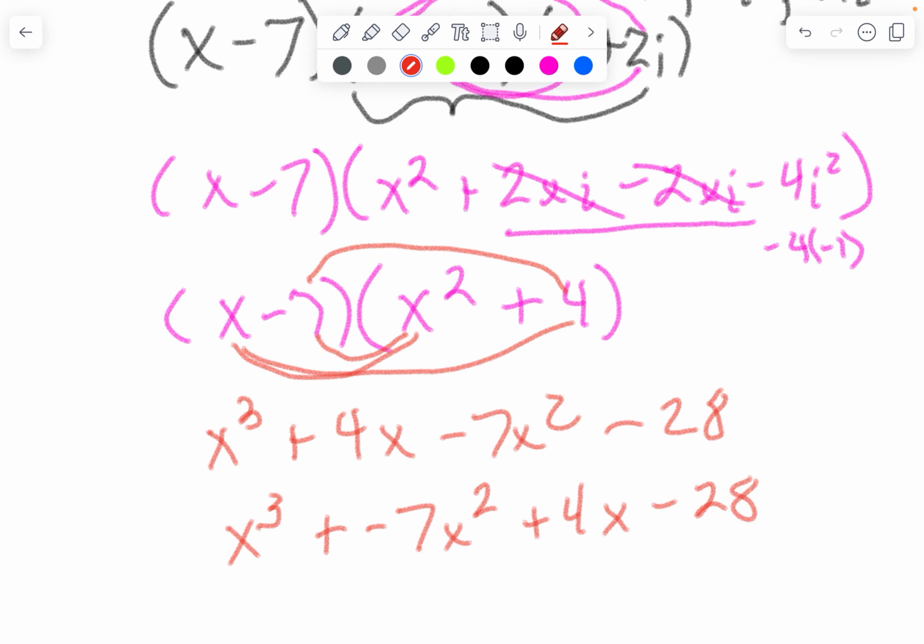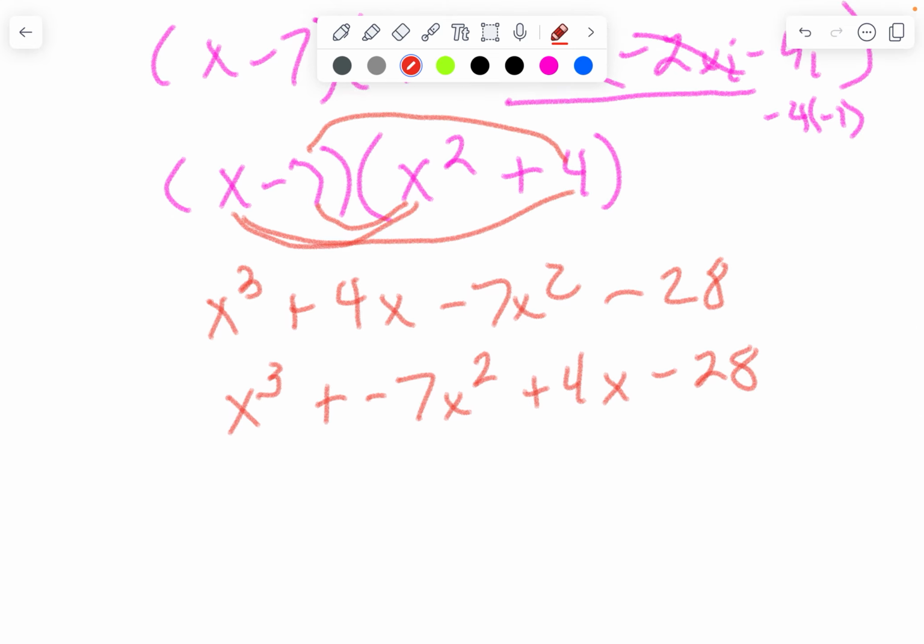Now, until we have a point that represents the function, we really don't know which polynomial it is. Like, if f of 0 gives you negative 28, then this is the polynomial for that function. But you need really a point to calculate the rest of it, and that's beyond this video.